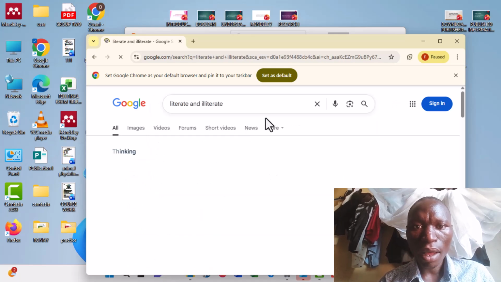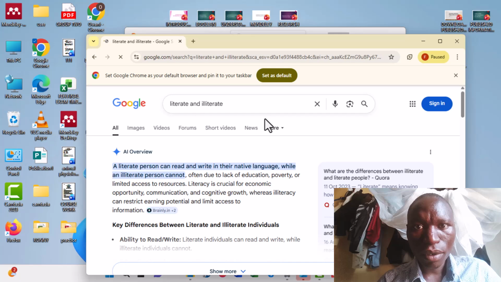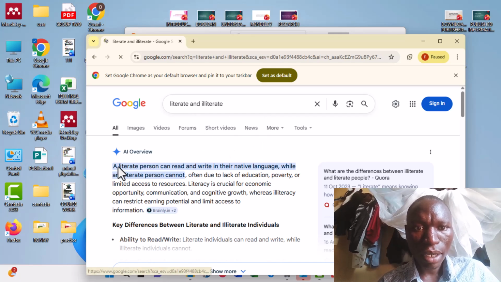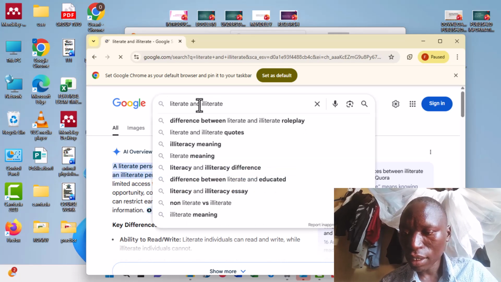Let's wait. So under this one, the use of AND, it has talked about literate people and then the illiterate people. So all the information concerning all these people here is included.